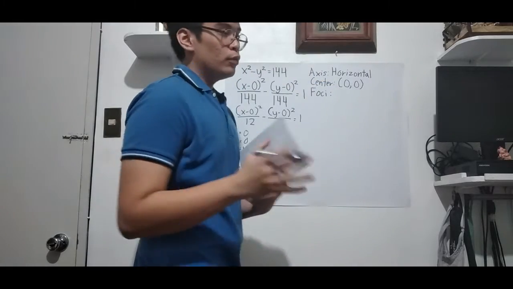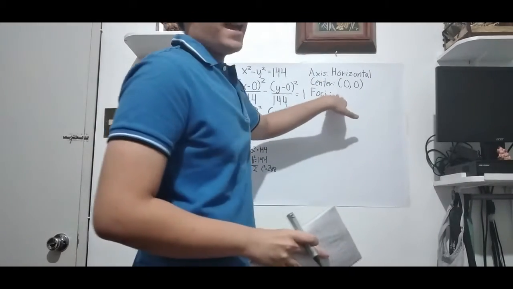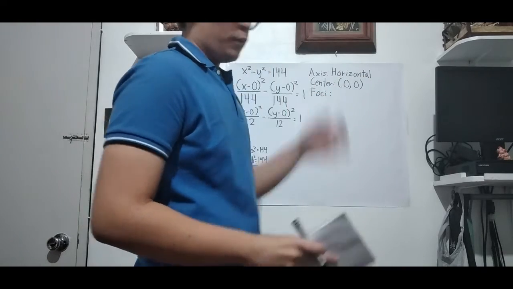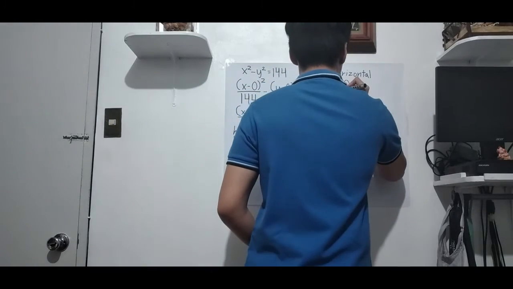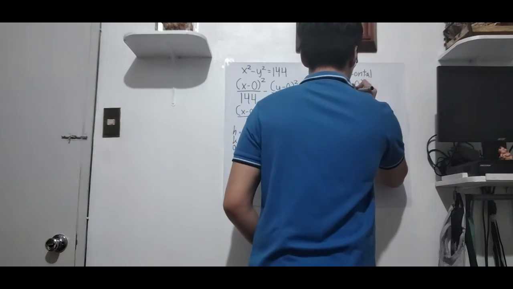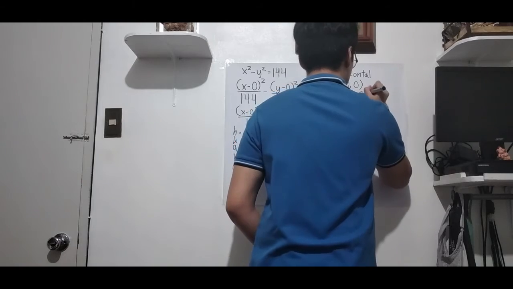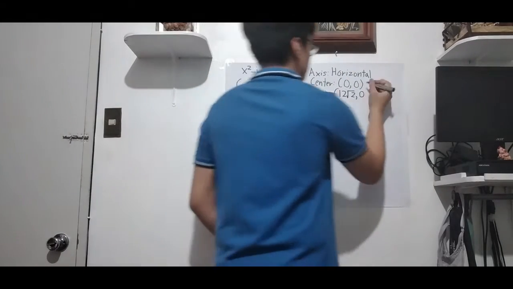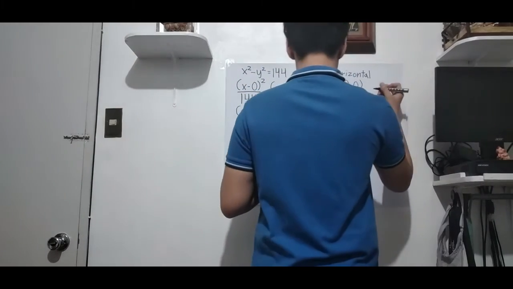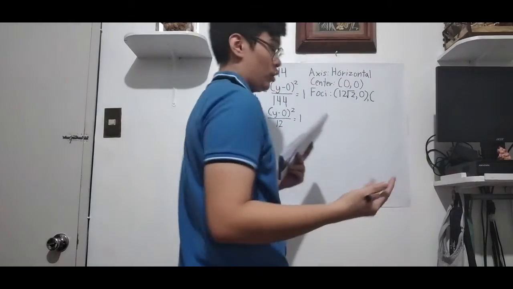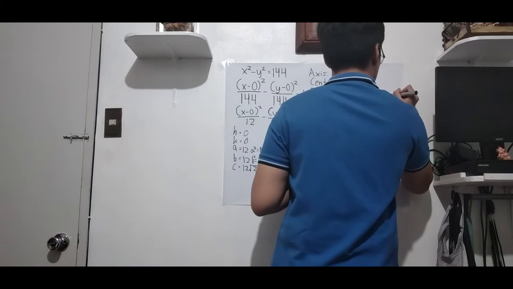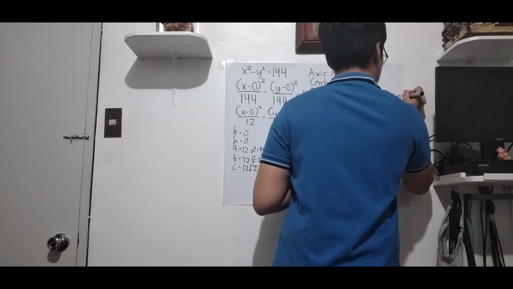So we would write the 12 square root of 2 in the x coordinate because it is a horizontal hyperbola. Write first the positive, so 12 square root of 2 comma 0. Don't forget to write the y coordinate. Then comma, the next one would be the negative one. So negative 12 square root of 2, 0.